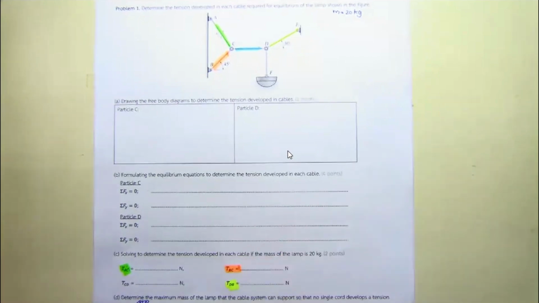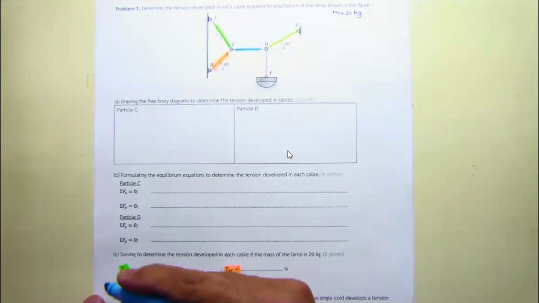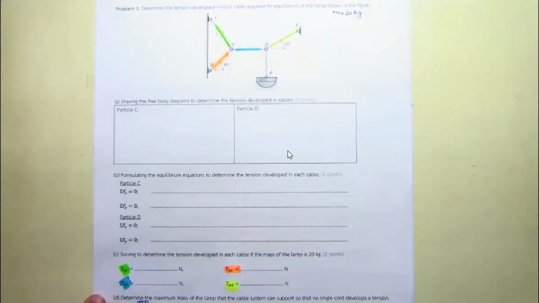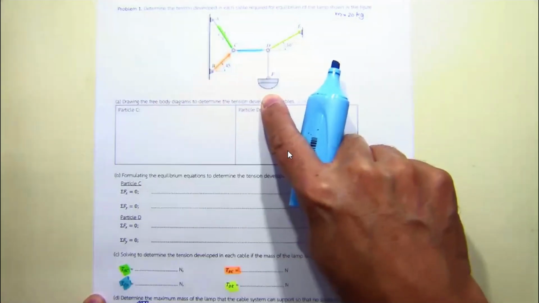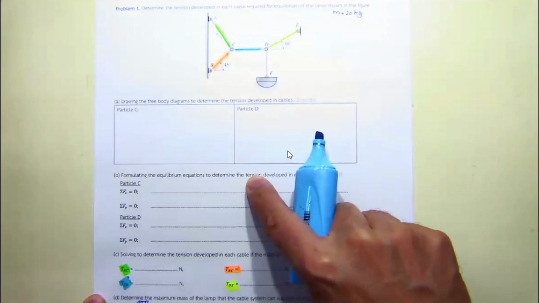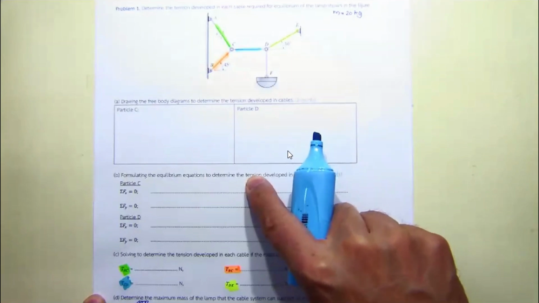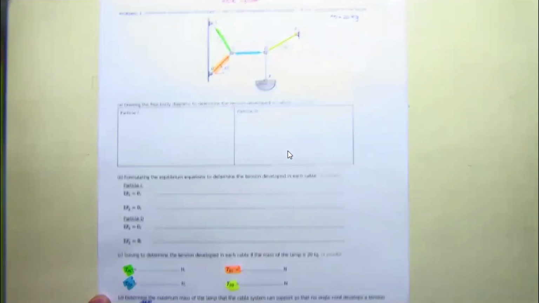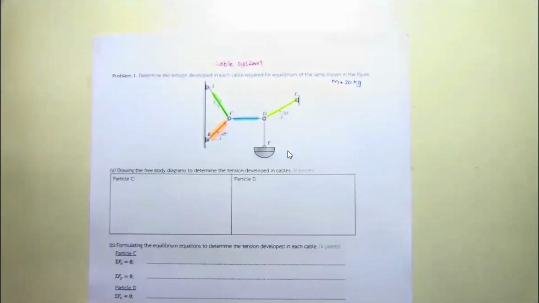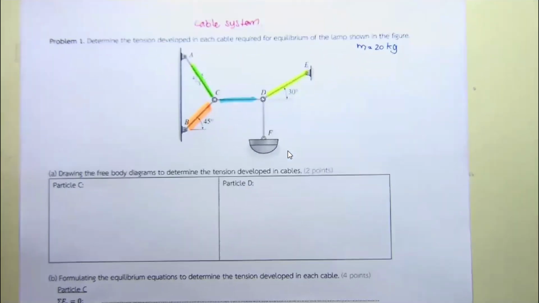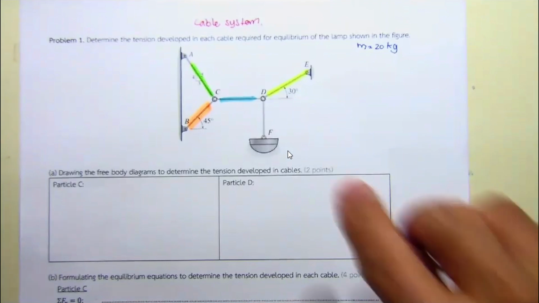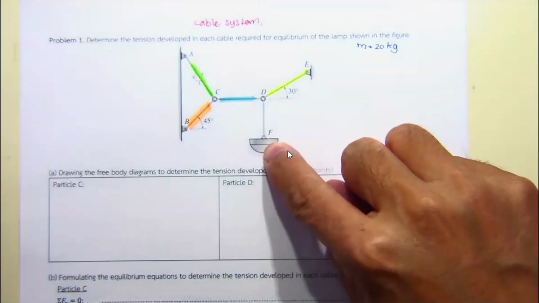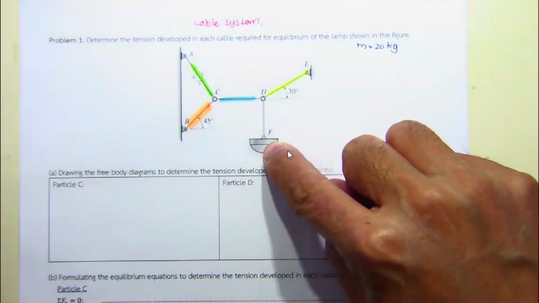How to determine it, Ajahn? You have to do the steps that Ajahn also provides. You have to draw the free body diagram and formulate the equations of equilibrium. Now, let me take you back. After you read this, let me modify the problem a bit. Last time, we had the weight to be unknown, in the previous lecture.